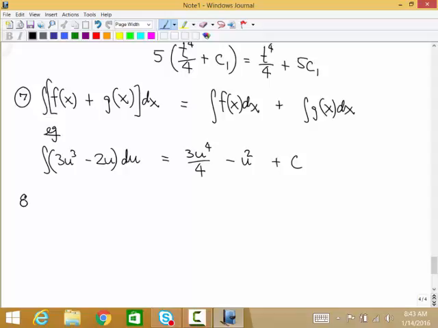Okay, the 8th principle is sort of the opposite of the chain rule. The chain rule was number 8 for derivatives. So what's the opposite of chain rule? U substitution.